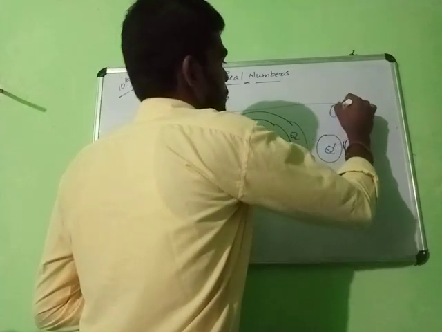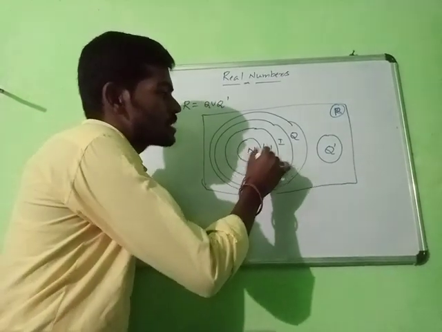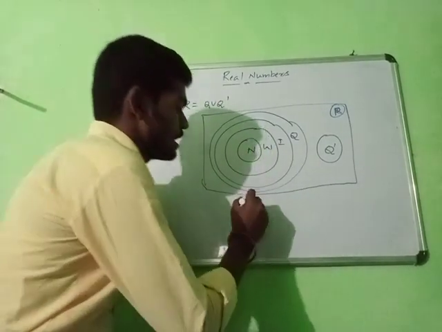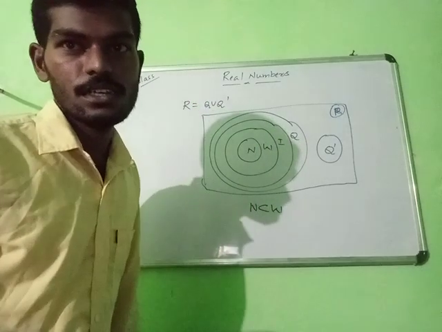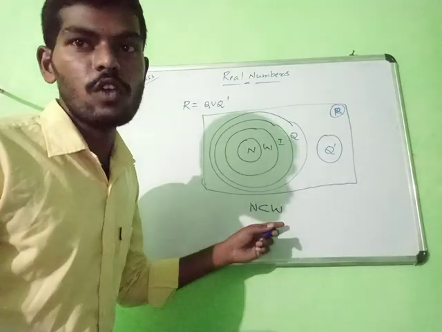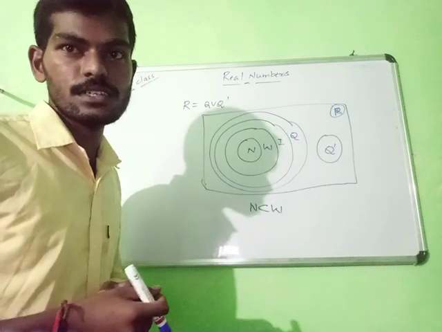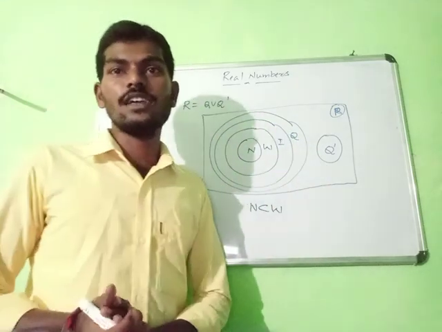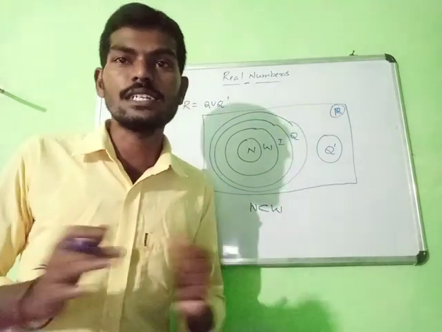Now, natural numbers are a subset of whole numbers. What is a subset? All the elements of the natural numbers are in the whole numbers. If every element of a set is in another set, then it is called a subset.